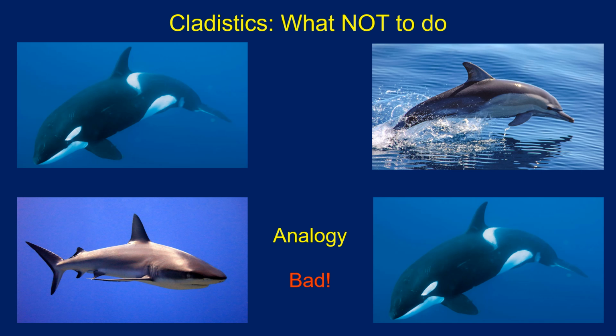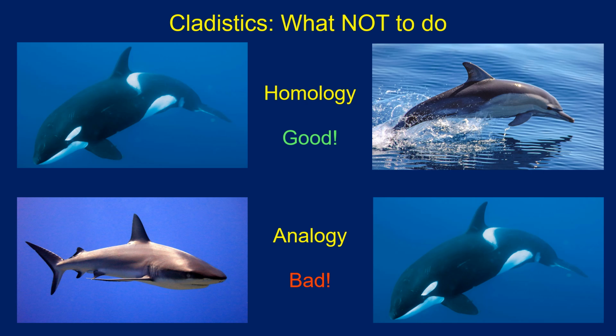So looking at the top now, if we compare the killer whale to a dolphin, they share all those mammal characteristics. And they share those mammal characteristics because those are homologous. Homologous traits are traits that are shared between two organisms because the organisms have a common ancestor, and the ancestor had those traits.